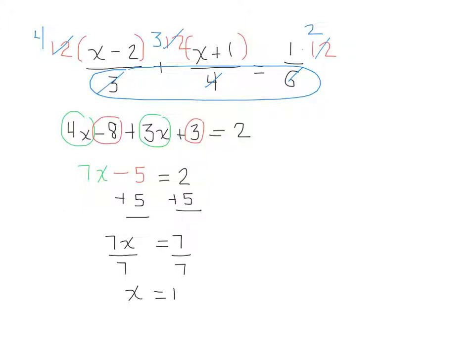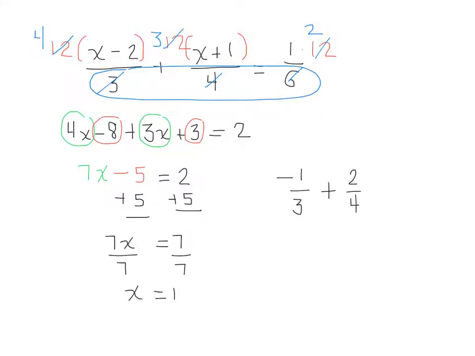I, of course, can check these to make sure that they do in fact work. So if I go to the original equation, x minus 2 over 3, that would be 1 minus 2 over 3. The second fraction, x plus 1 over 4, that would be 1 plus 1 over 4.